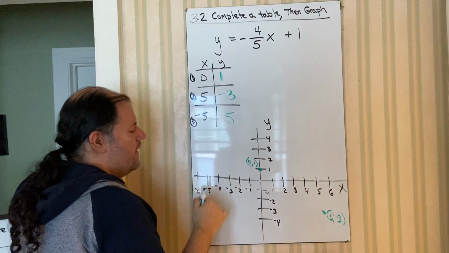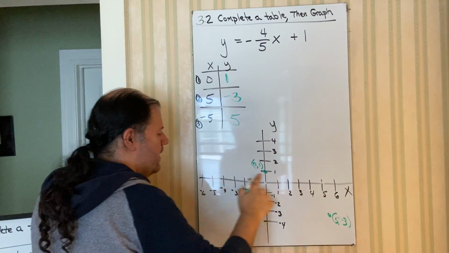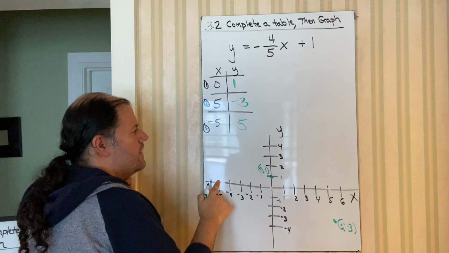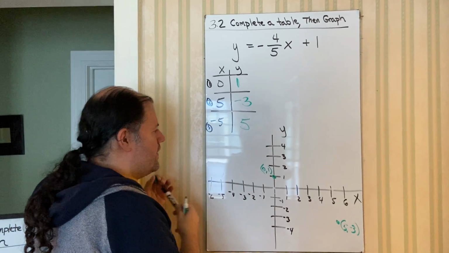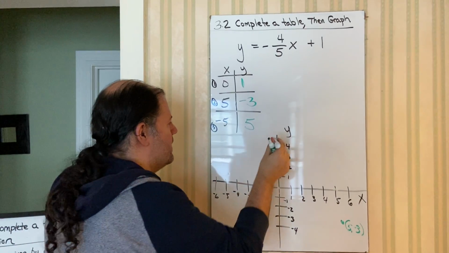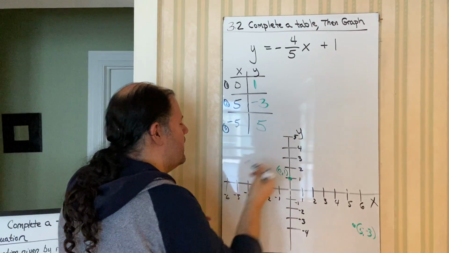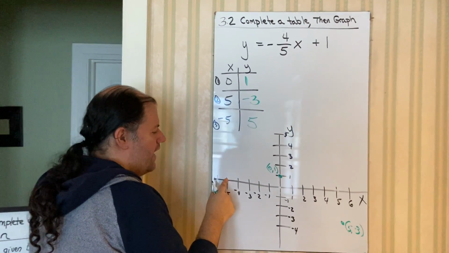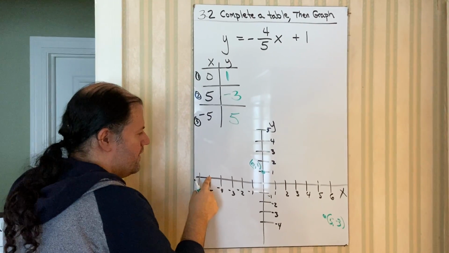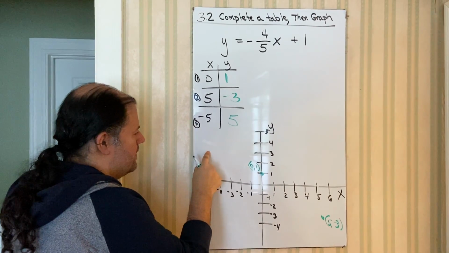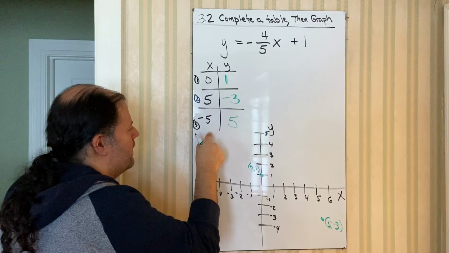And then -5, 5, find -5. And then since this is a positive 5, we're going to have to go up 5 units. Let me make a space for it. So go up 5 units from this spot, the -5. 1, 2, 3, 4, 5.